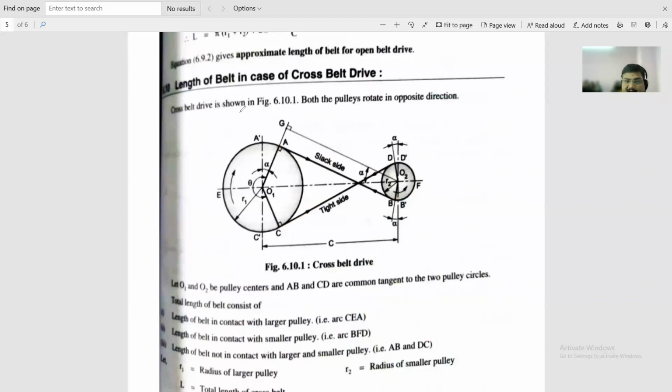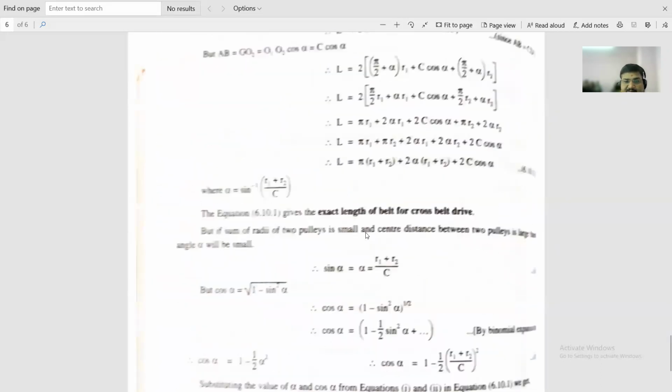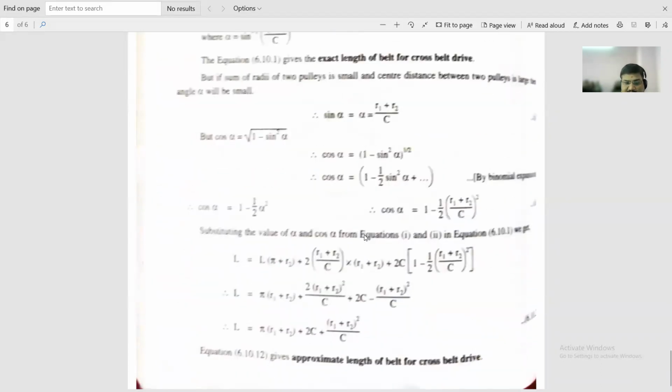So the formula to calculate the length of the belt for cross belt drive is given over here. L is equal to pi in bracket R1 plus R2, plus 2C, plus (R1 plus R2) bracket square divided by C. This is the formula.